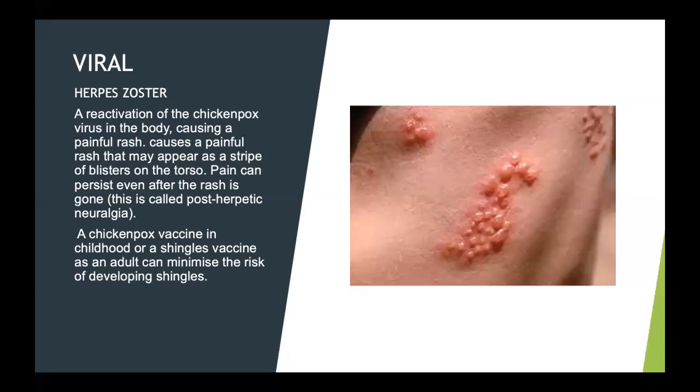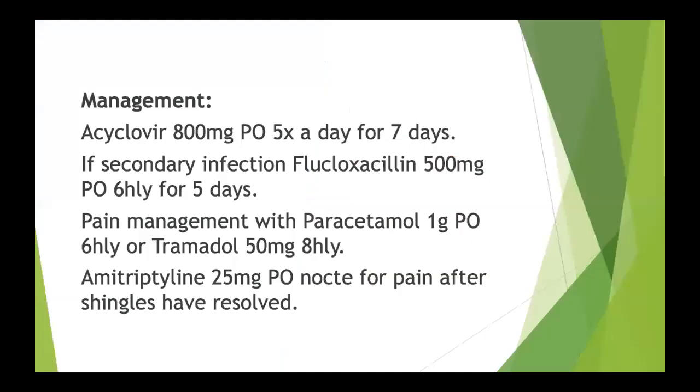Herpes zoster is a reactivation of the chickenpox virus in the body, causing a painful rash that may appear as a strip or blister on the torso. The pain can persist even after the rash is gone. This is called post-herpetic neuralgia. A chickenpox vaccine in childhood, or a shingles vaccine as an adult, can minimize the risk of developing shingles.